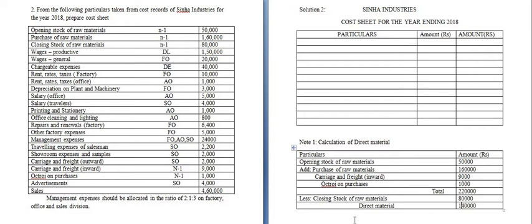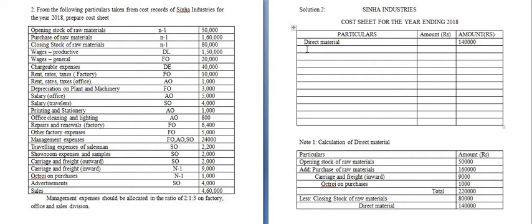Now this amount has to be taken in the cost sheet. So the first point is direct material. Direct material amount is how much? 1,40,000 as per the first working note, in the outer column.